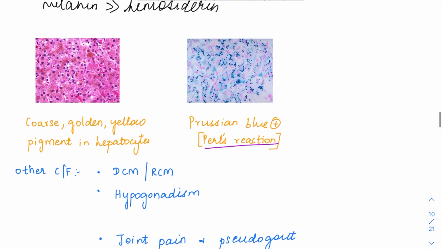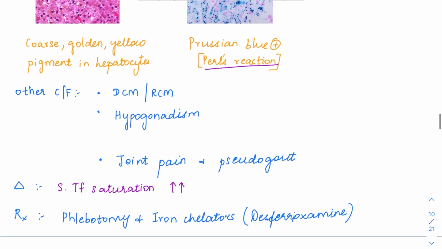So other than these 3 features, liver, pancreas and skin involvement, hemochromatosis can also cause various other presentations. So what are they? In the heart, it can lead to dilated cardiomyopathy more than restrictive cardiomyopathy. This we had discussed during the cardiac system itself. So both DCM and RCM can be seen, and in that DCM is going to be much more common. Then it can result in hypogonadism, and one thing here is the hypogonadism is not as a result of deposition of this hemosiderin in the gonads.